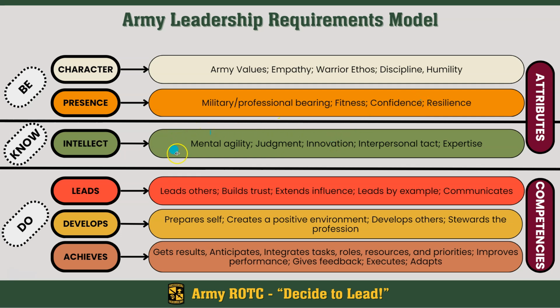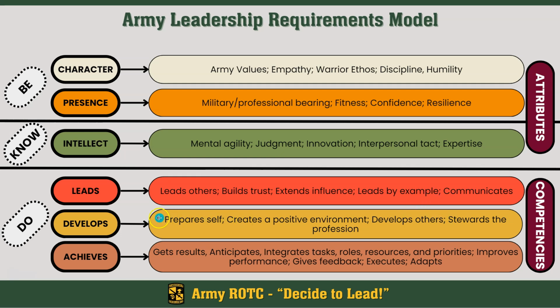Productive leaders typically have some mental agility because they can balance multiple things at once that they're thinking about. They also can extend some influence, right? If you're productive and you're getting things to happen, that could influence people outside of your initial and organic organization. And productive leaders communicate. You have to have good communication in order to make things happen.